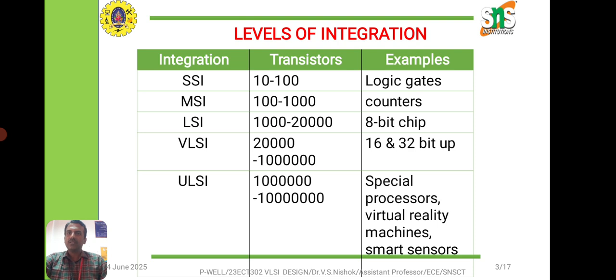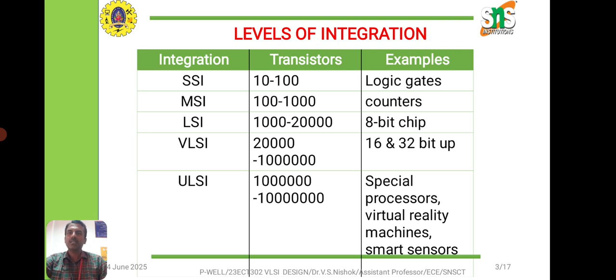SSI, small scale integration, has 10 to 100 transistors, for example logic gates like AND gate, OR gate, etc. Medium scale integration goes with 100 to 1000 transistors, and the best examples are counters that we use in digital circuits. Large scale integration goes with 1000 to 20,000 transistors, and 8-bit microprocessors are the best example.